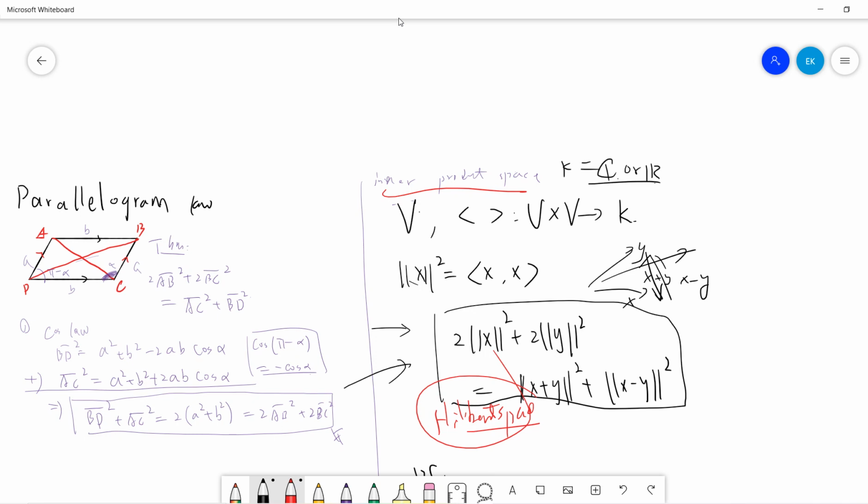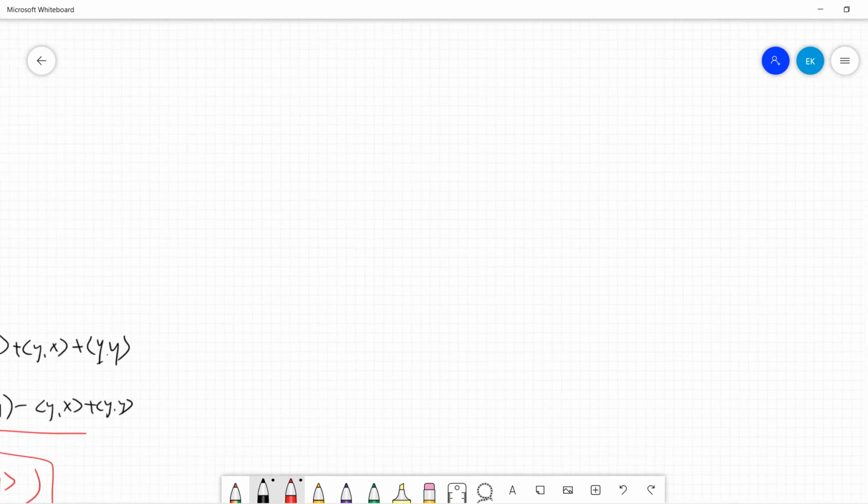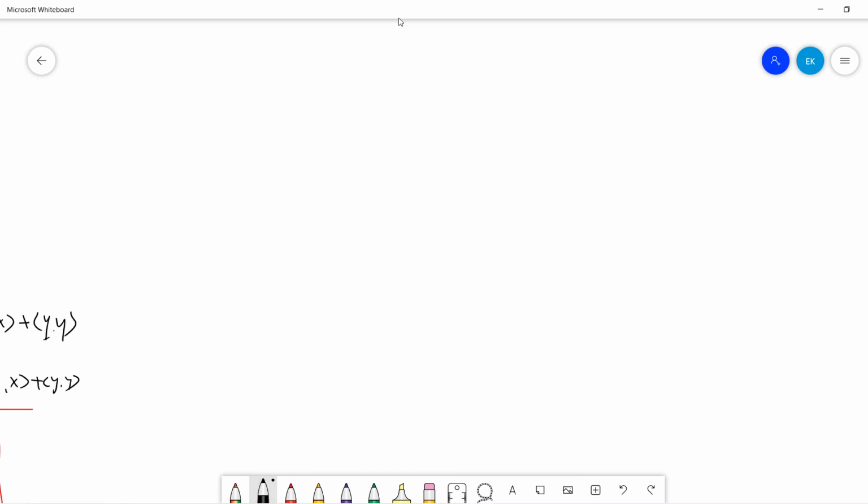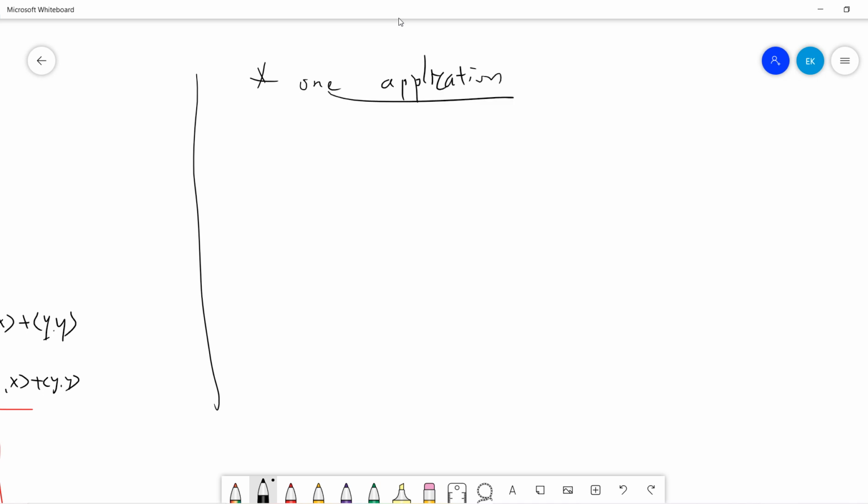Let's talk about one application in the planar geometry section, not related to functional analysis.